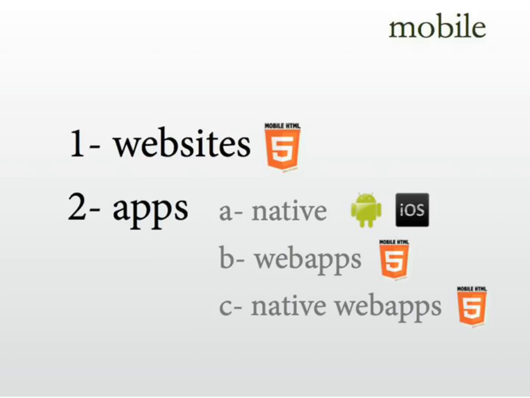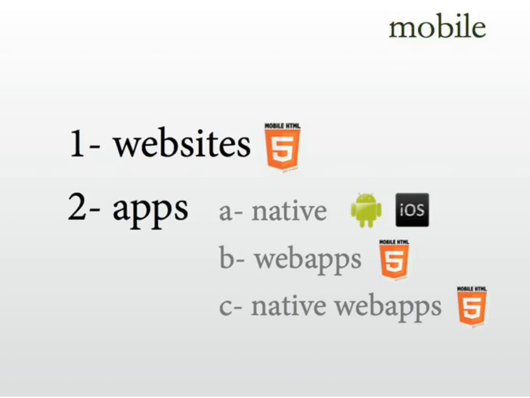In the mobile space, we have websites on one end, with, of course, HTML5 for mobile devices. We're talking about the browser, a URL. And we also have apps. From a user's perspective, an app is something that is installed with an icon in the home screen or in the applications menu, and it might work offline. It depends on the app, but it might work offline.